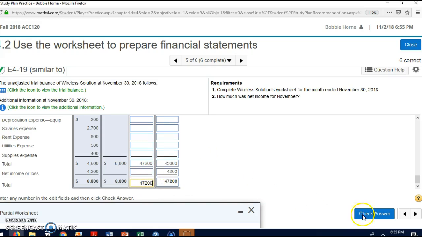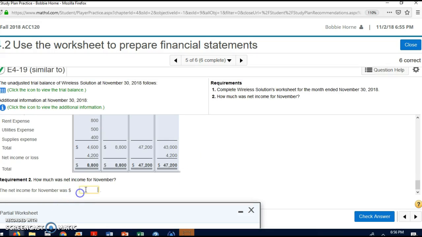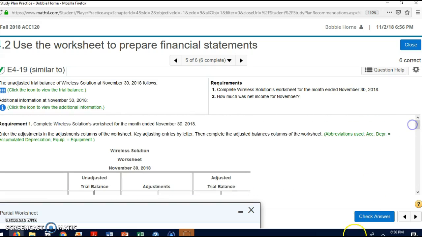And then, of course, your debits need to equal your credits. So the net income for November is 4,200. And that is the way you complete the worksheet. And this is what you will need to be able to do for your midterm problem.